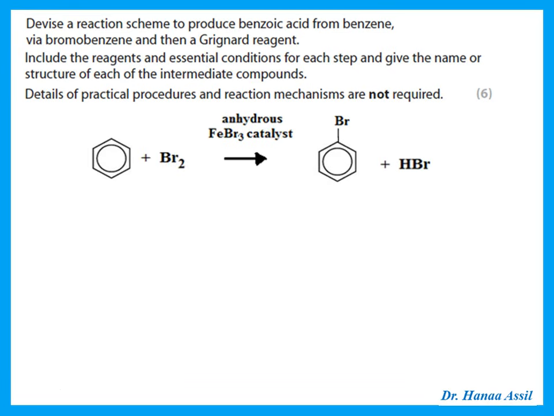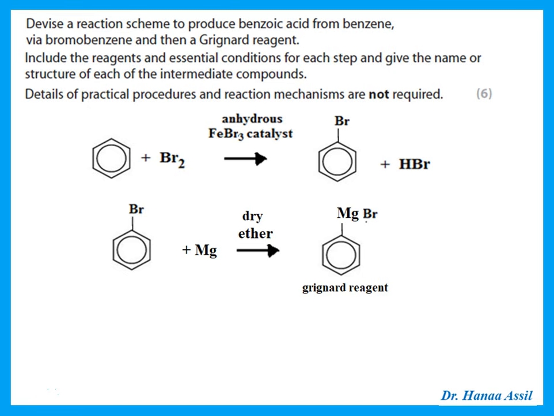We're trying from benzene. So I can use benzene to make bromobenzene. So I'm adding, for example, bromine in presence of anhydrous FeBr3 as a catalyst. This puts a bromine on the benzene. Now I can use this to make a Grignard. We said to make a Grignard, we react it with what?